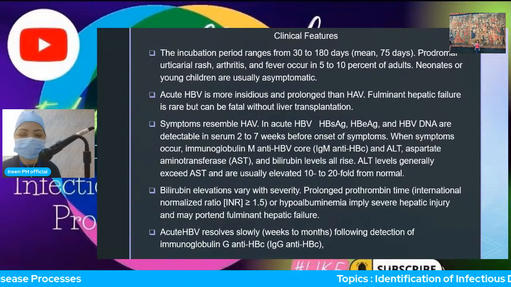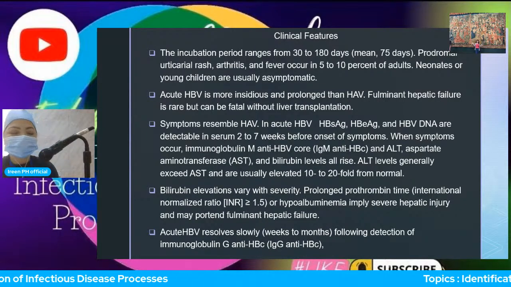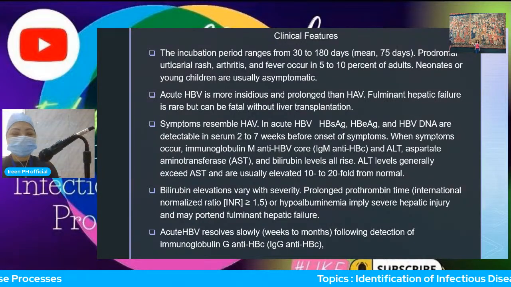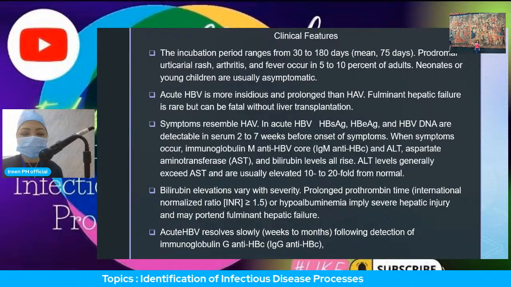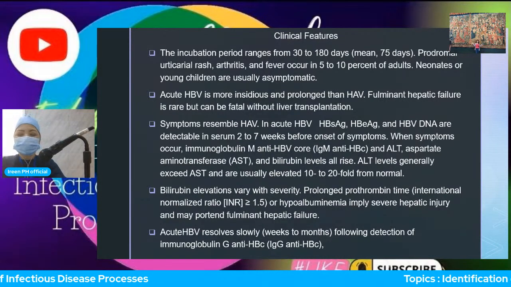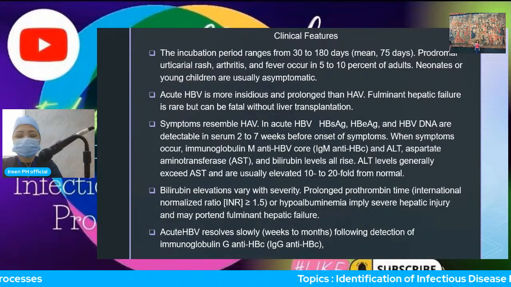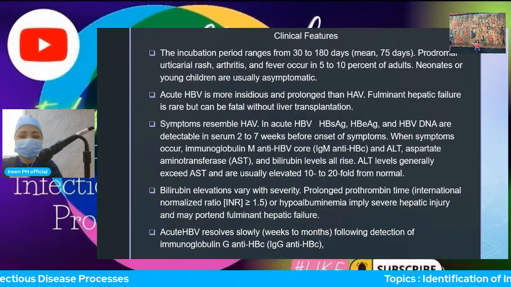ALT levels generally exceed AST and are usually elevated 10 to 20 fold from normal. Bilirubin elevations vary with severity.